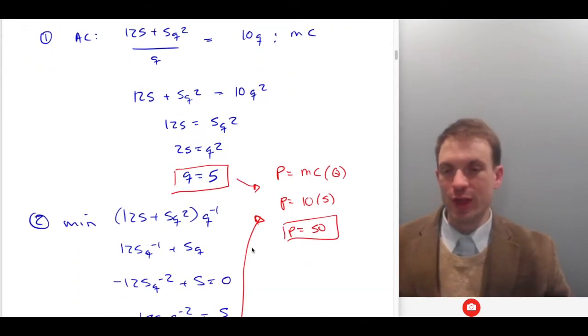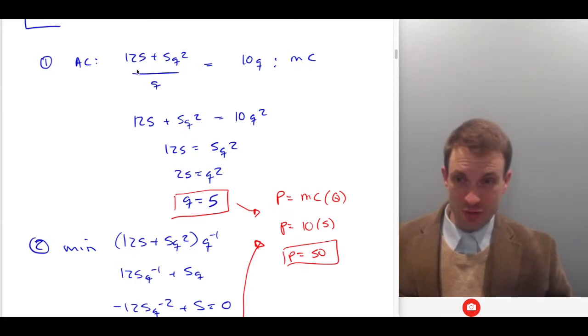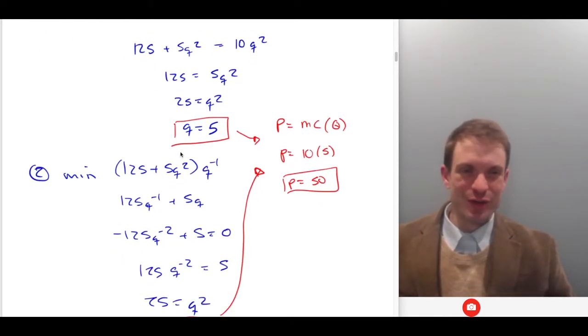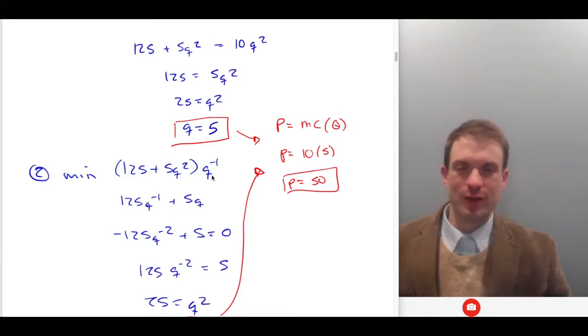Okay, the other thing I could do is minimize average cost. So average cost is this right here. I'm going to write this as 125 plus 5q squared because initially I was like, I want to do this with product rule, not quotient rule. And then as soon as I wrote this out and I didn't want to bother erasing, I was like, wait a second, just doing the algebra actually simplifies this down to exactly what we need.